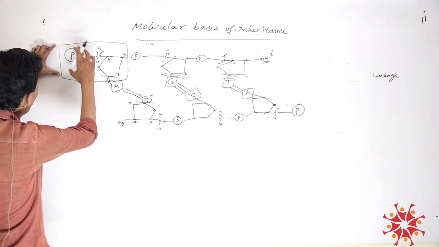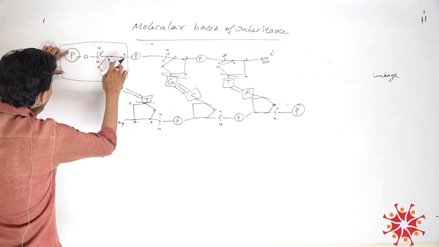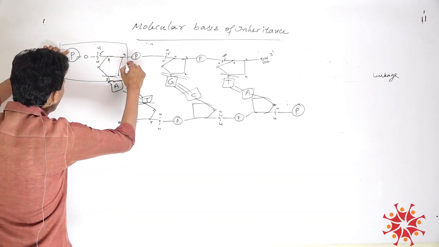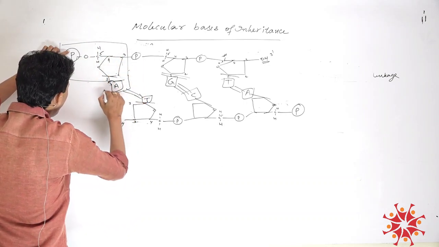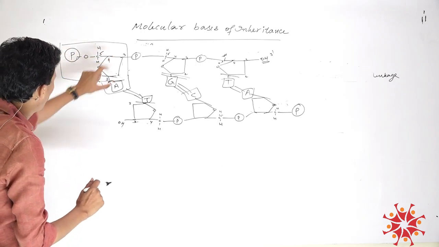So one particular nucleotide has a phosphate group, pentose sugar, and this particular nitrogenous base. So this is one nucleotide.